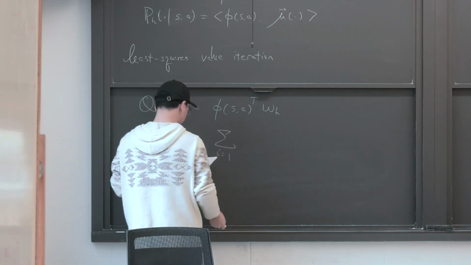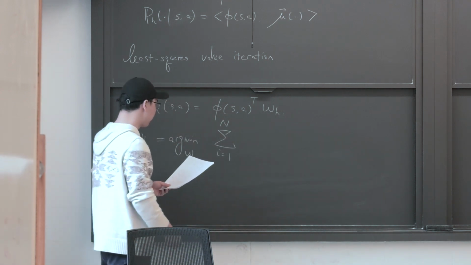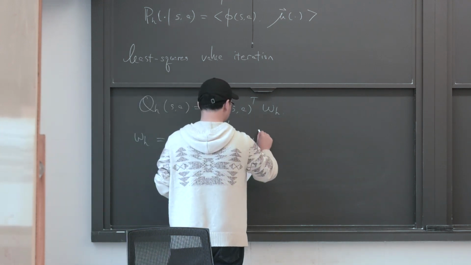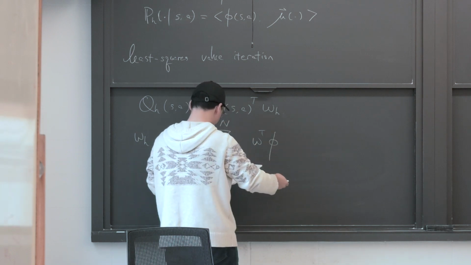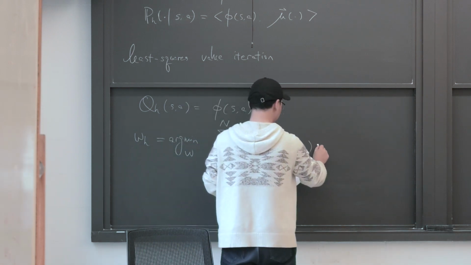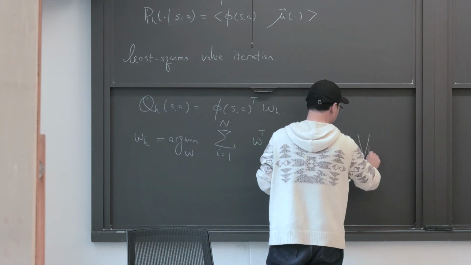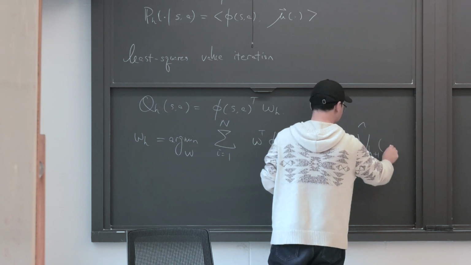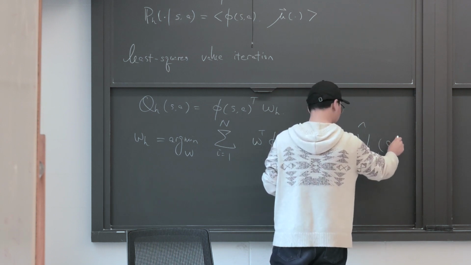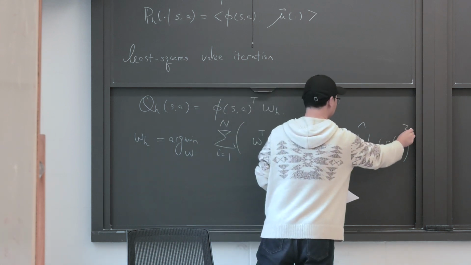This is a least square summation, i from 1 to n if we have n different data points: w transpose phi(s_i, a_i) minus r_i minus V_{h+1} hat of s_i prime.